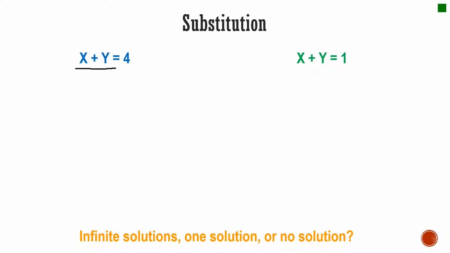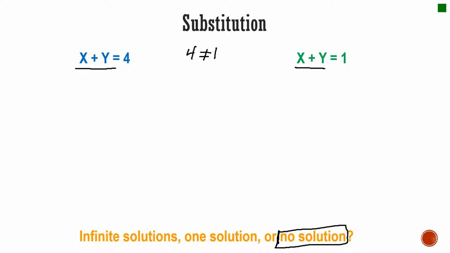We can use substitution, but you should be able to see that x plus y can't equal both 4 and 1. So we should know right off the bat, since 4 does not equal 1, that this would be no solution. But let's go ahead and work it out so that we can prove it.